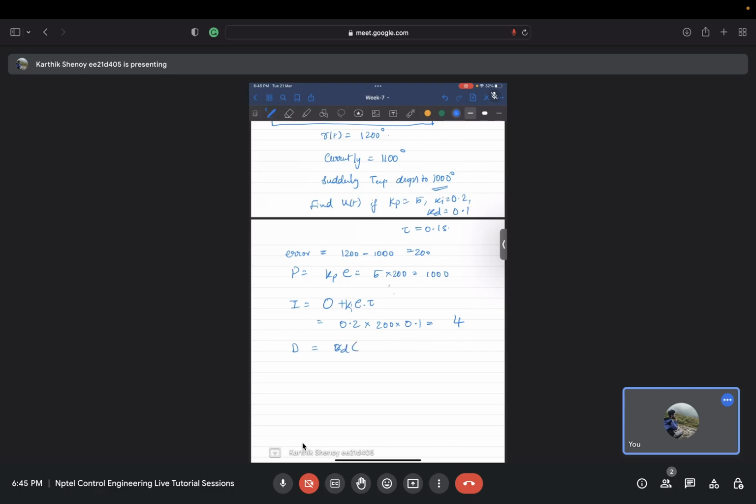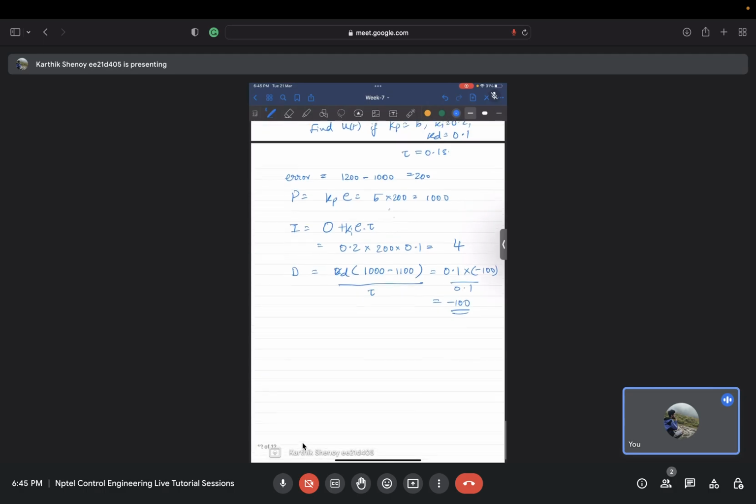The error is 1000 minus 1100, because it was a sudden change. It doesn't matter that the reference is constant, because my derivative only sees this difference divided by the sampling time, a finite difference. So that is 0.1 into minus 100 divided by 0.1. It's a large change.